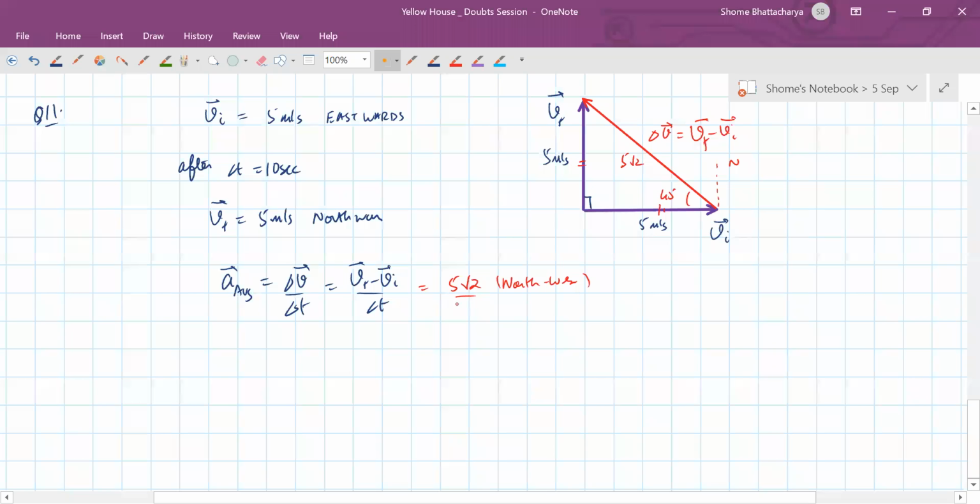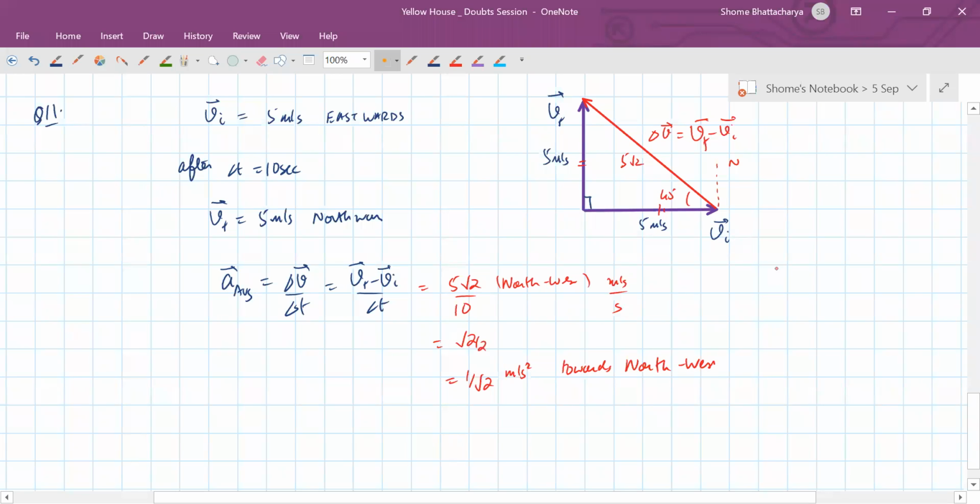divided by this time interval, which was 10 seconds from above, and this is in meters per second divided by this in seconds. So it will become root 2 by 2, which is the same thing as 1 by root 2 meters per second square towards northwest.